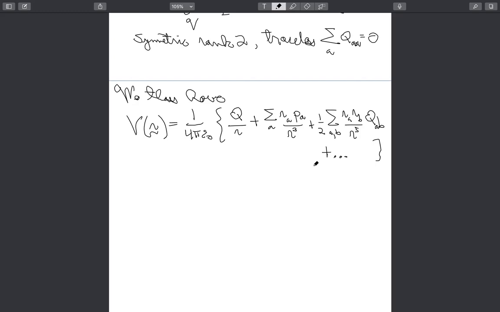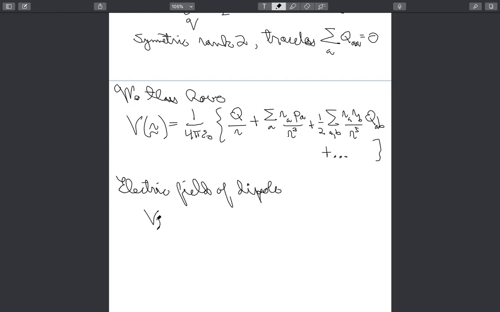In the notes, there's a little bit about the electric field of a dipole. Maybe I'll just tell you this in a couple of seconds. So the electric field of a dipole. Well, what do we have?